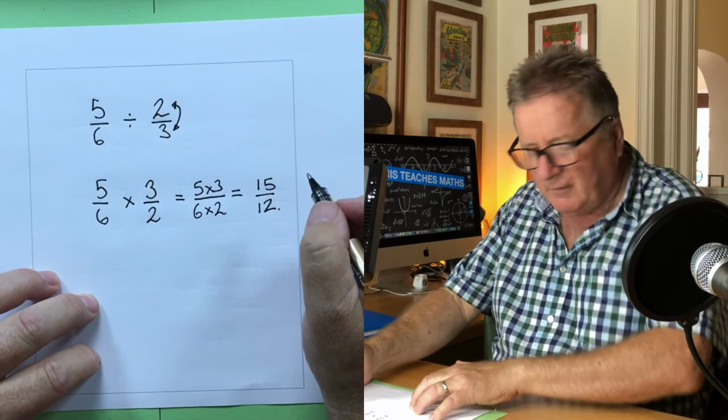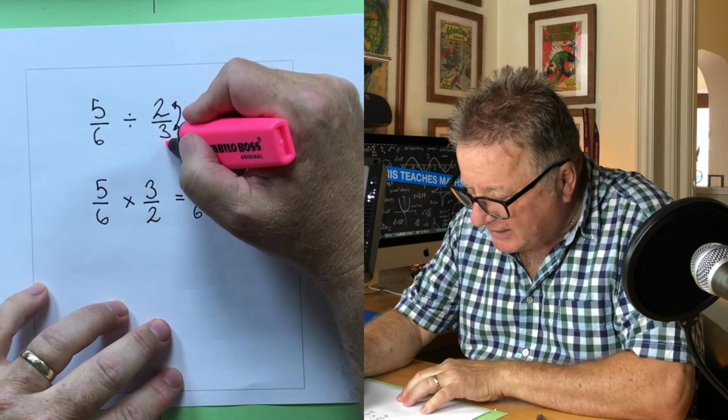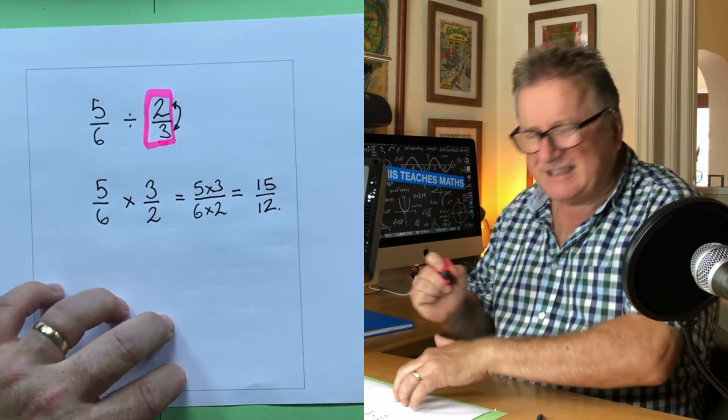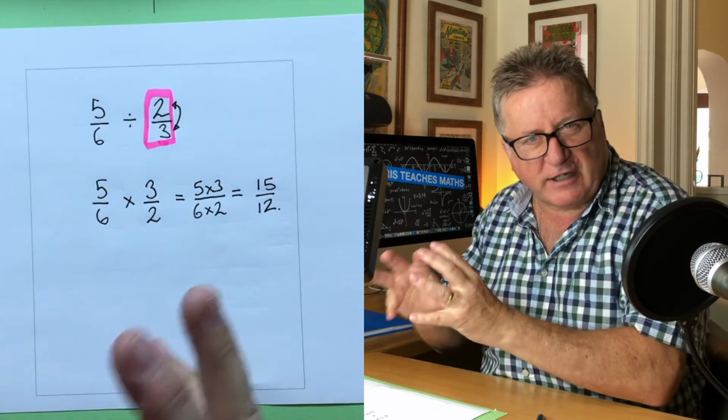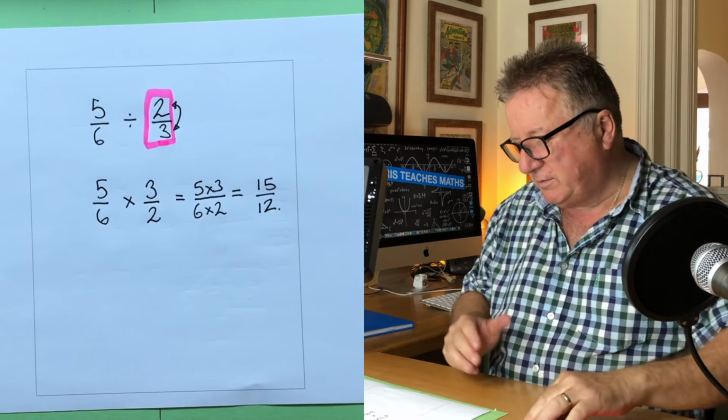Okay? The key thing is, if you're dividing fractions, you take the second fraction, the end fraction, and you flip that, and then we're into multiplying.